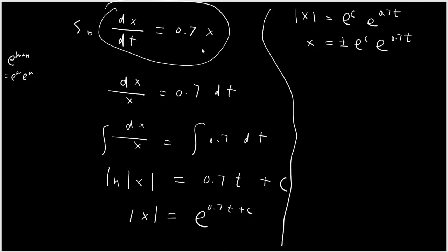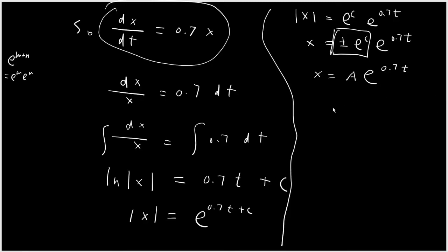It's simple to check. So I can replace everything in the box with an arbitrary number a. So x is equal to an arbitrary constant a, which can be positive, negative, or 0, times e to the power of 0.7t. That is the general solution to the equation.